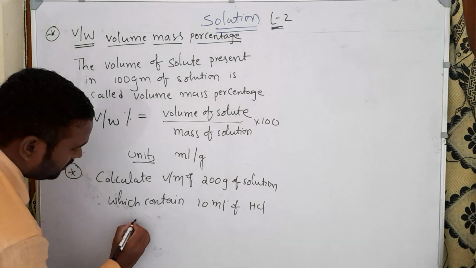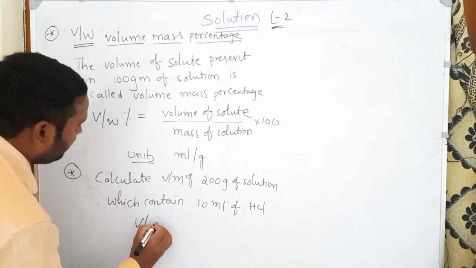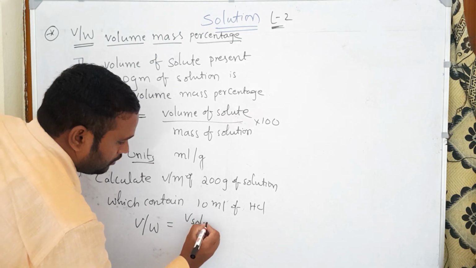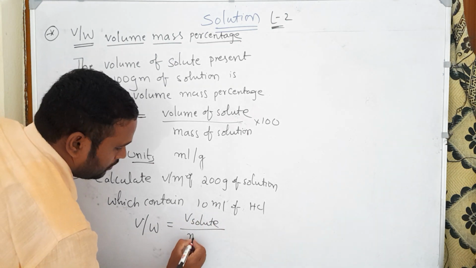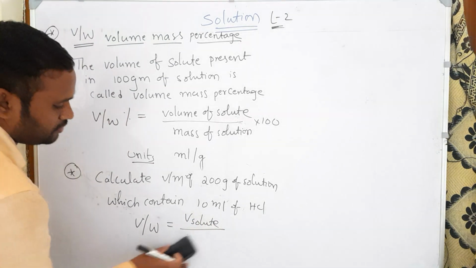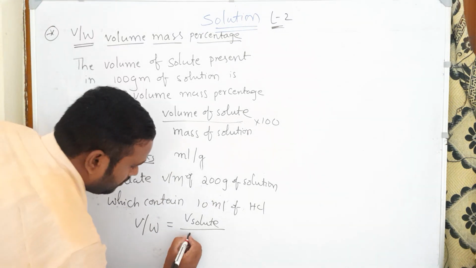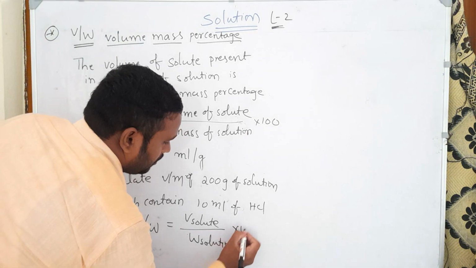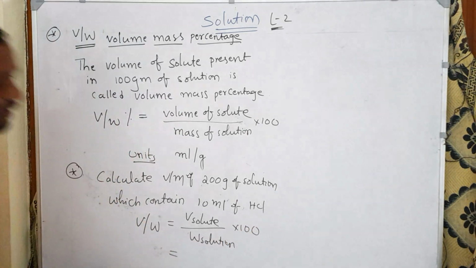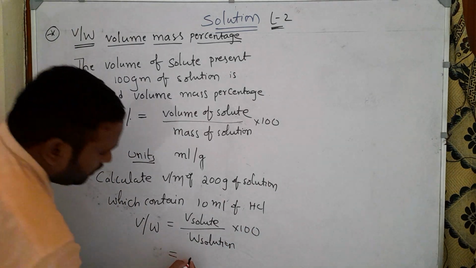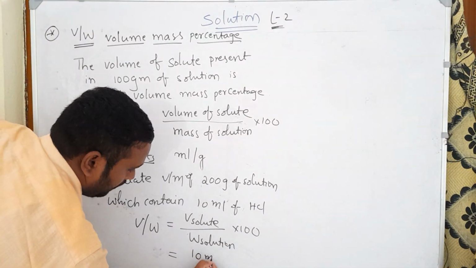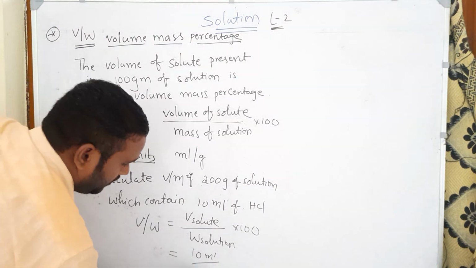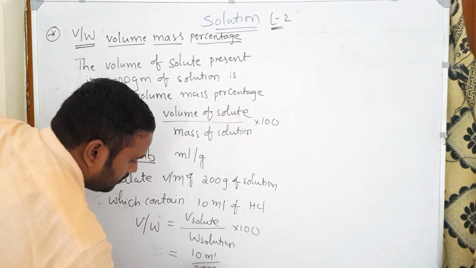We already know the volume mass percentage formula. Volume mass percentage is equal to volume of solute by mass of solution, or weight of solution, into 100. The volume of solute given is 10 ml and the weight of solution given is 200 grams.